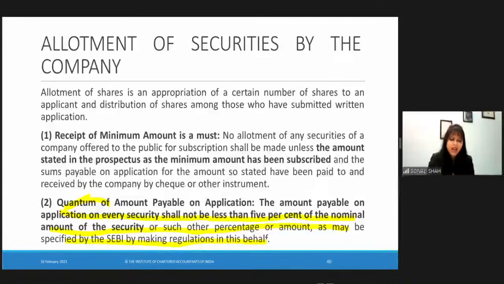And I think, if I am not wrong, SEBI in its CDR regulation has provided for 25% as the minimum nominal value on the application, right? So nominal value means minimum amount that you will receive as application money of the share. Nominal value is the value at which the shares are offered, right?